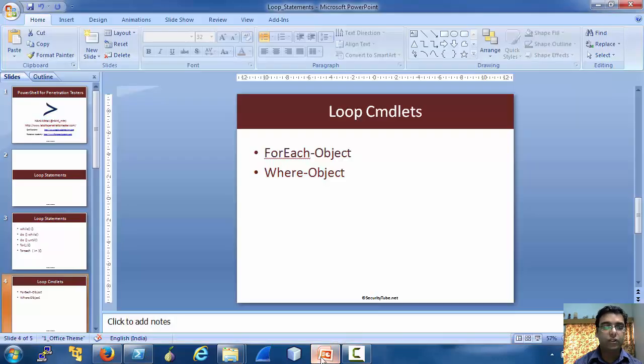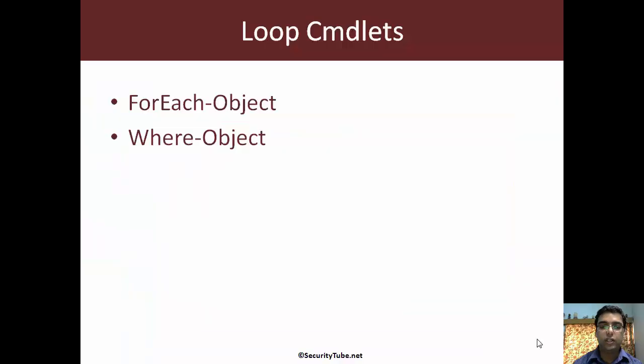So that is it for the loops. Now there are two loop commandlets in PowerShell: for each object and where object.